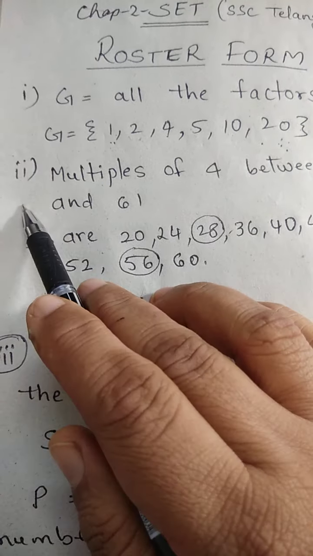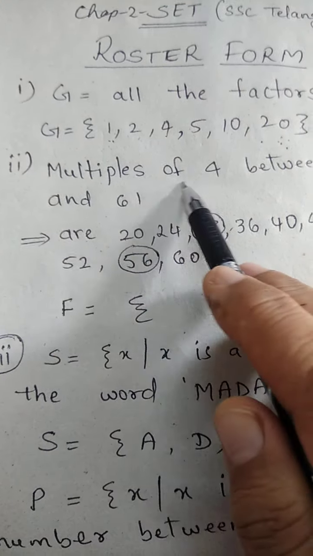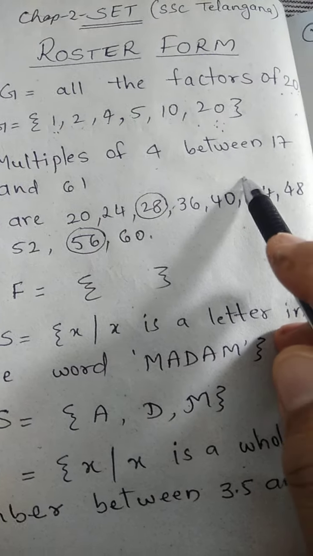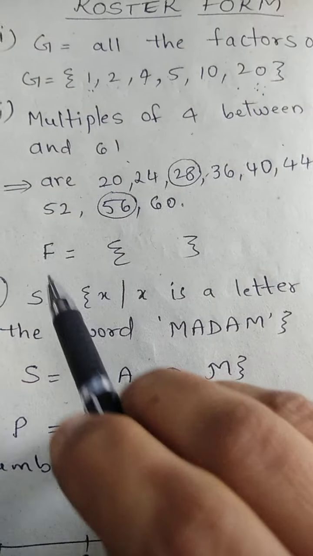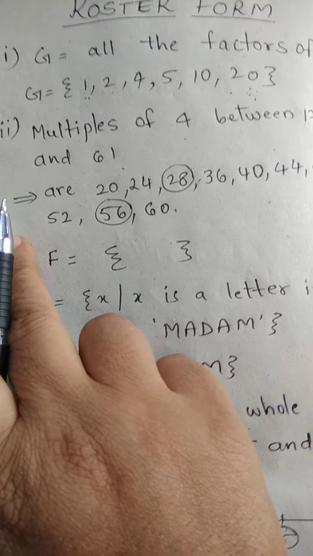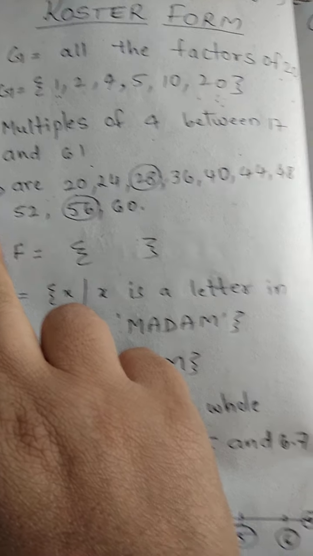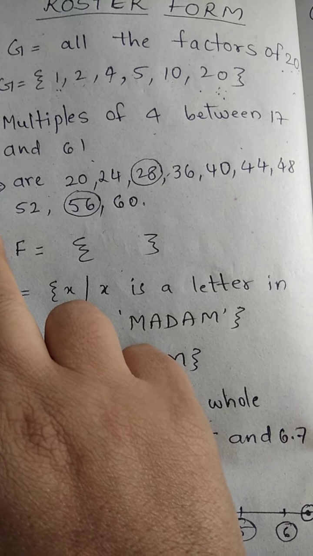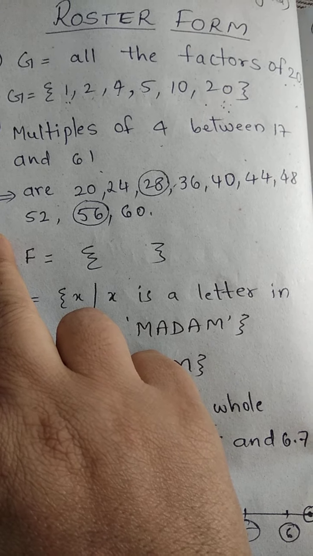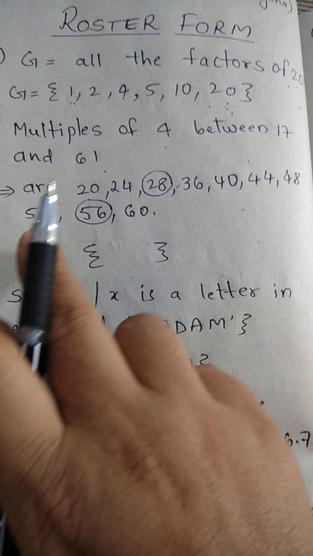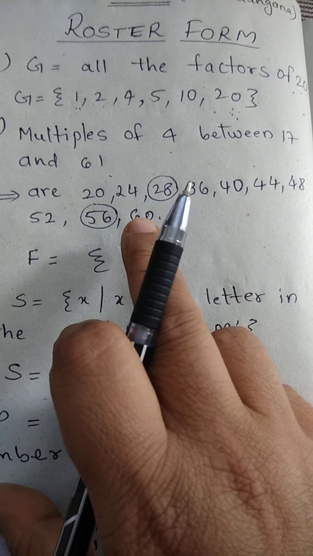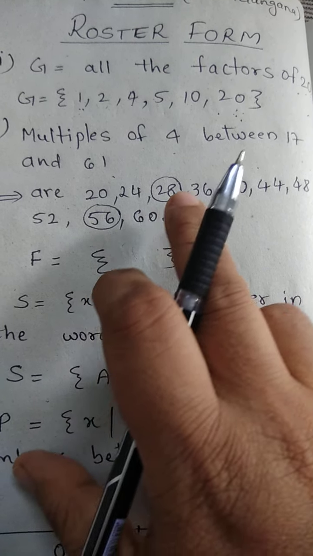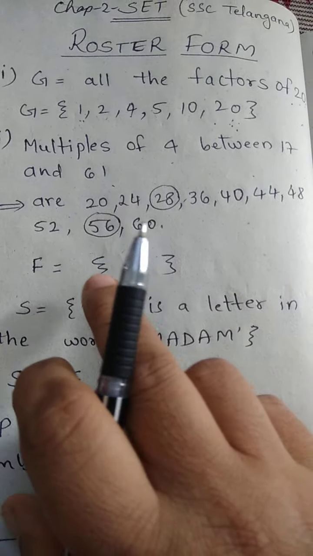Now the second example: multiples of 4 between 17 and 61, which are divisible by 7. Multiples of 4 means the 4 table: 4 ones are, 4 twos are, 4 threes are. First you note down what are the multiples of 4 between 17 and 61.